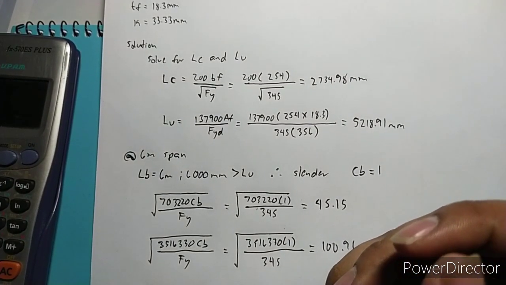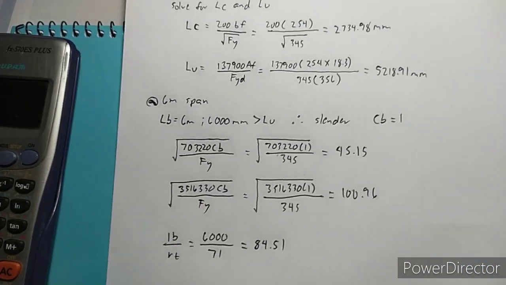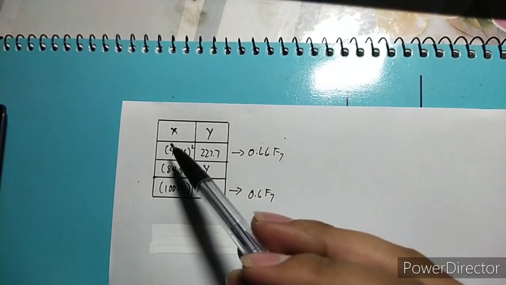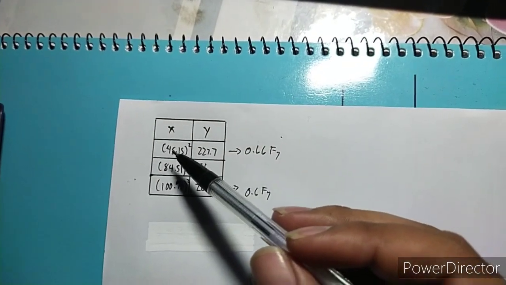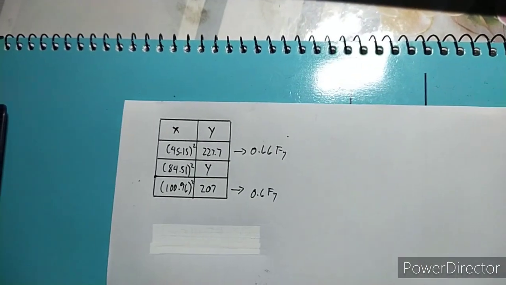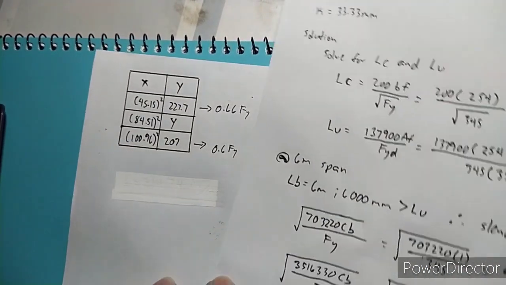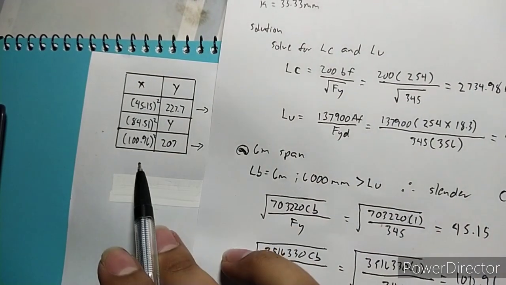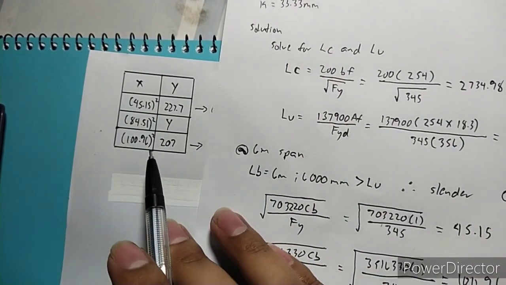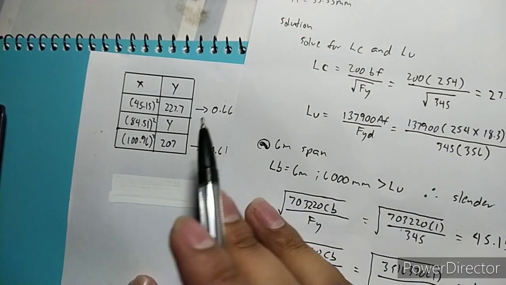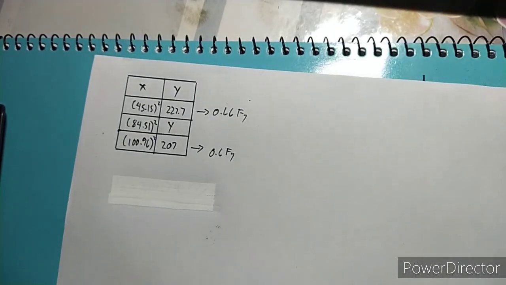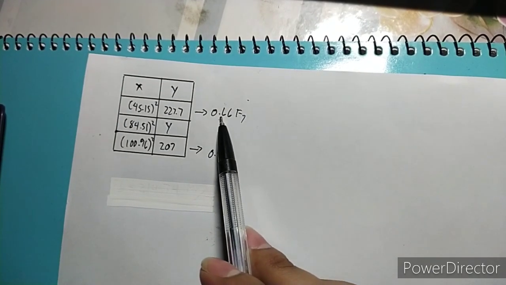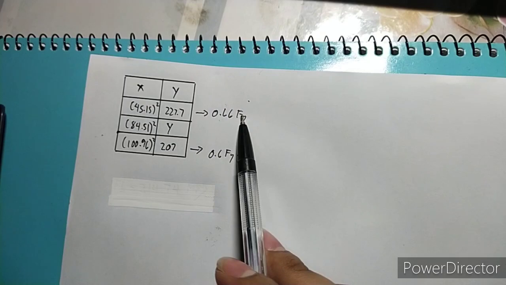So, para makuha natin si FB, slender siya, gagamitin tayo ng second degree interpolation. So, nilagay lang natin dito yung limiting values na nakuha natin kanina sa X. So, si 45.15, si 84.51, and si 100.96. So, in-squared lang natin sila. So, para makuha natin si Y values naman nila, para dito, kinuha natin si 0.66 Fy.